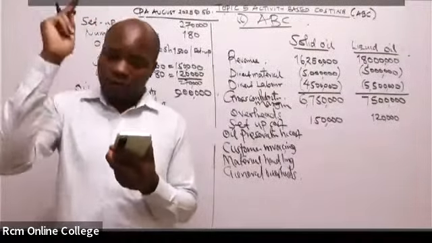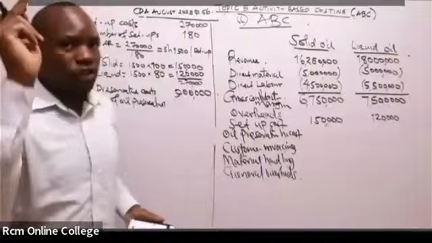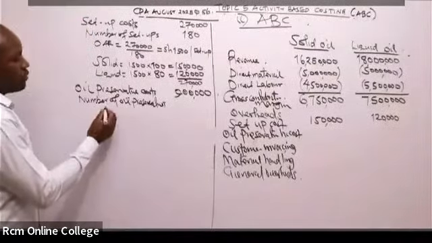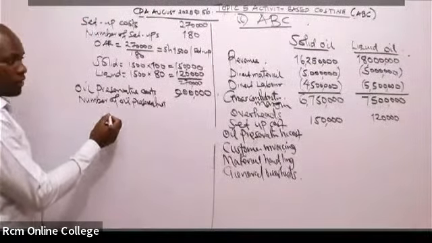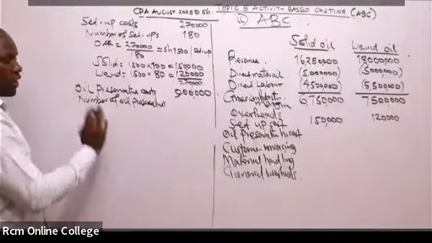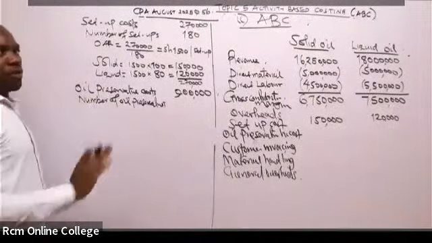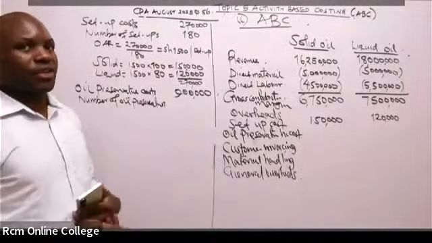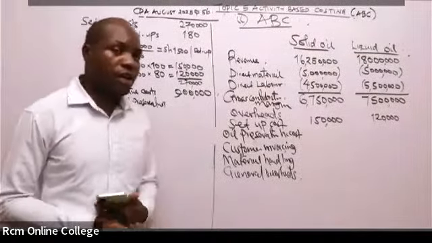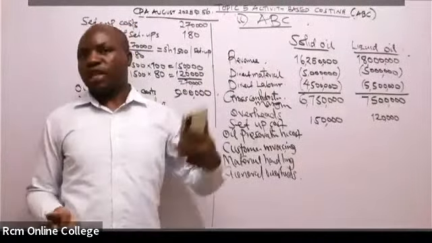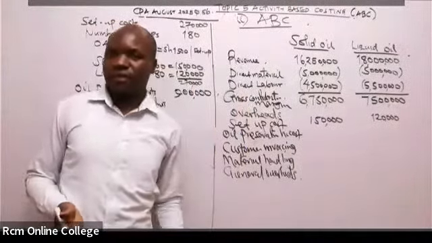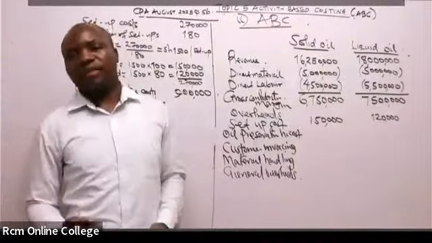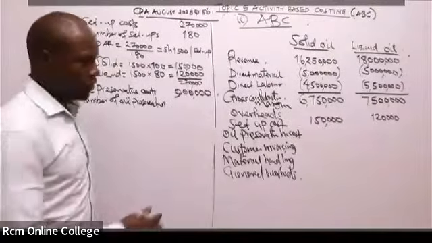And remember, we have 25,000 liters of the solid oil. So that will give us 25,000 preservatives. For the liquid, we also have 1 per liter, but we have 20,000 liters. So that will give us a total of 20,000 preservatives. When you take 25,000 plus 20,000, we get 45,000.